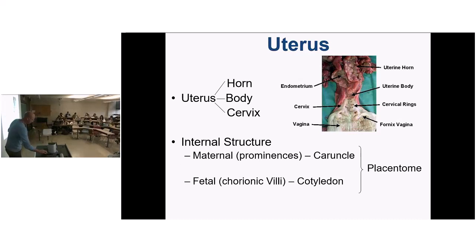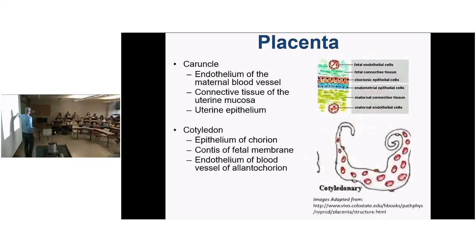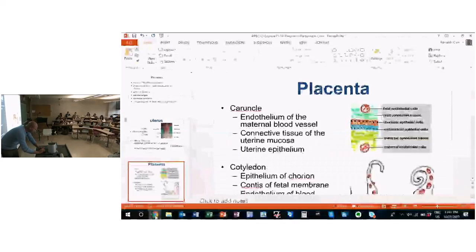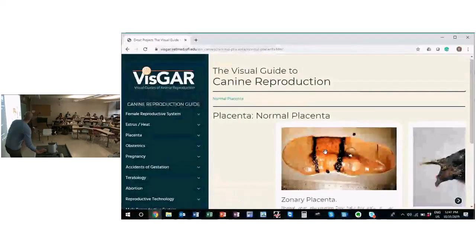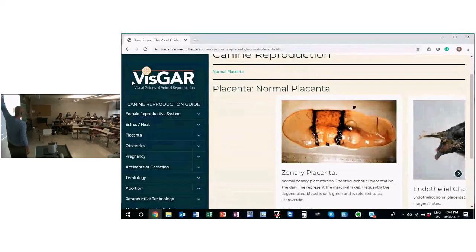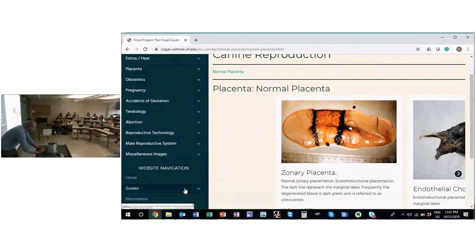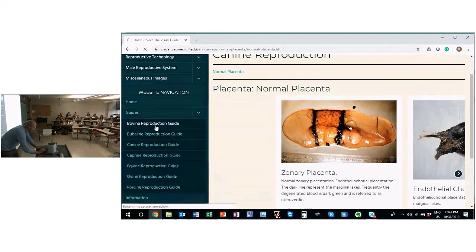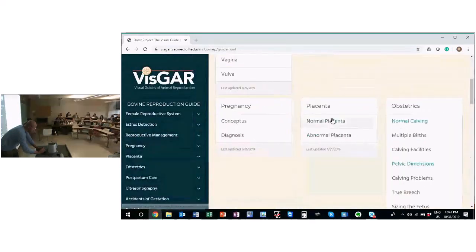So next, we're going to go into the internal structures, but I'm going to show you just this little slide. This is basically a cow's placenta. Let me show you one little picture that I got from a very nice website where you can see lots and lots of good pictures.